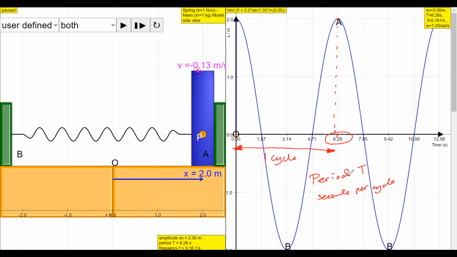Now, let's define frequency. Frequency is the number of cycles in a unit of time. Our symbol is f, and it is the reciprocal of period. Again, frequency is defined as how many cycles it can have within 1 second.